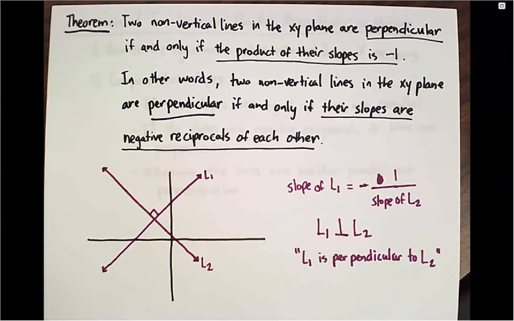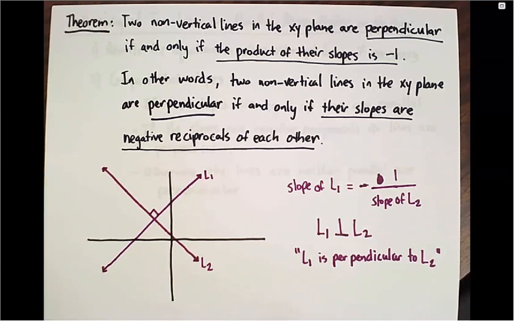When you multiply reciprocals times each other, the answer is always 1. 2/3 times 3/2, that's 1. But they have negative reciprocals, so one of them is negative and the other is positive. And so the product of 2 slopes that are negative reciprocals of each other is always -1.